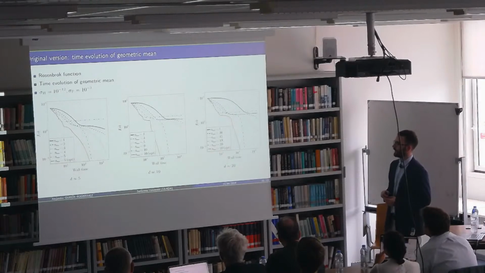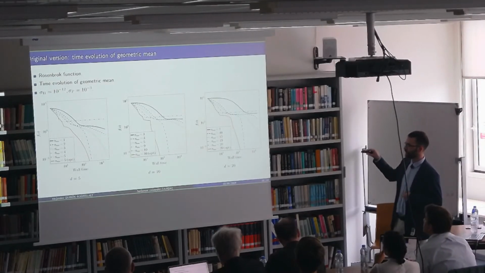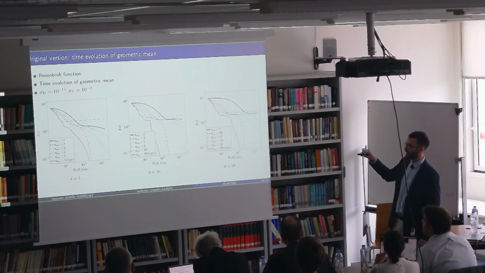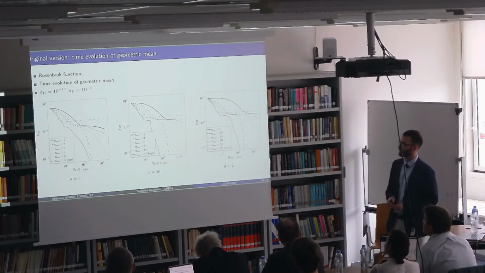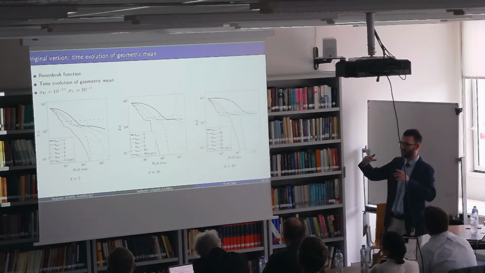So here I'm showing you, for the Rosenbrock function, the evolution of the geometric mean as a function of the iterations for 5, 10, and 20 dimensions. And in blue, we have considered the same combination of parameters sigma h and sigma p inside this region of good performance.